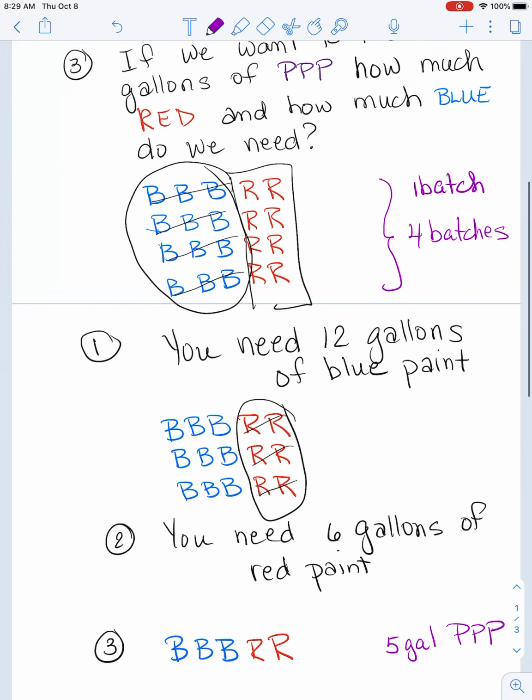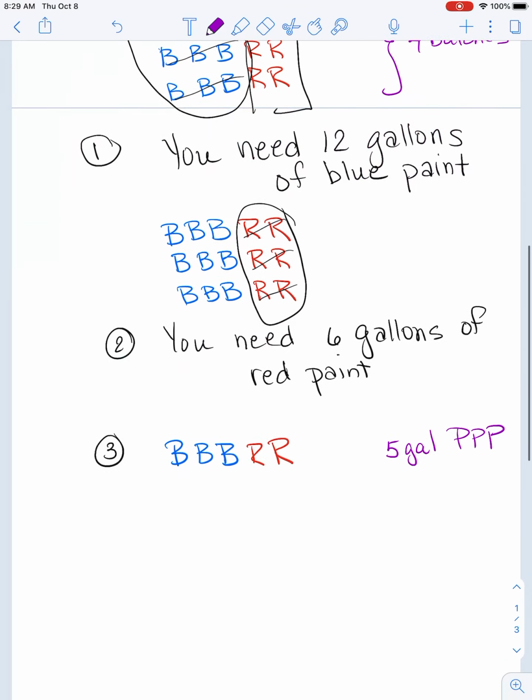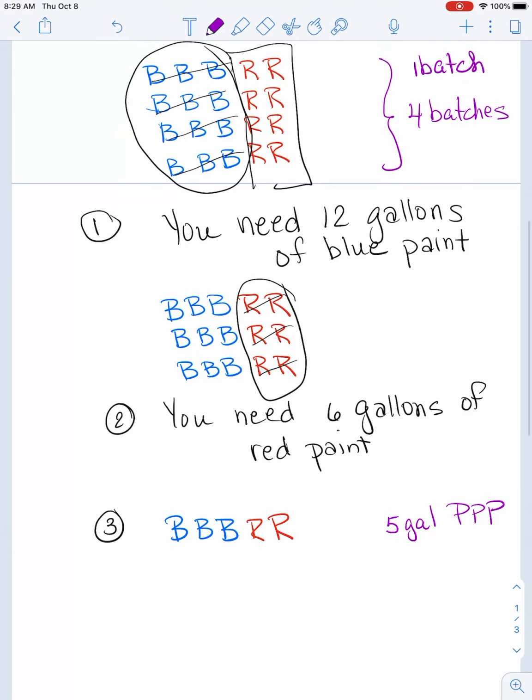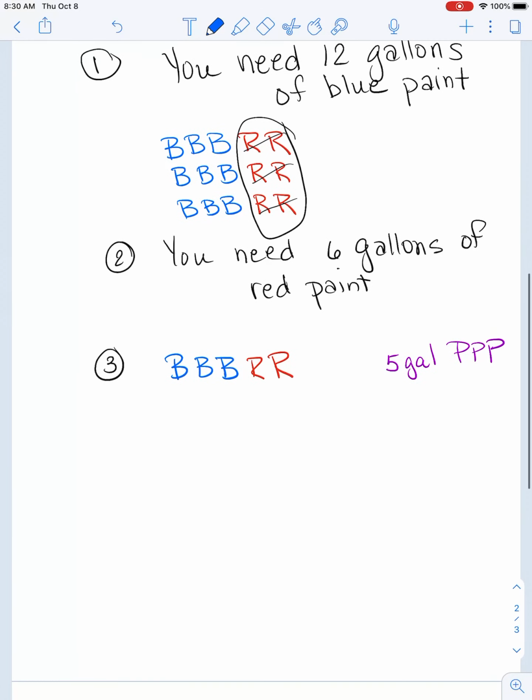Okay, now, what did the problem say? It said if we want to make 25 gallons. So every time I have a little batch here, I make 5 gallons. Okay, so how many times do I have to repeat the pattern? 5 times 5 is 25. So I'm going to have to repeat the pattern 5 times. So I have to repeat the blues 5 times.